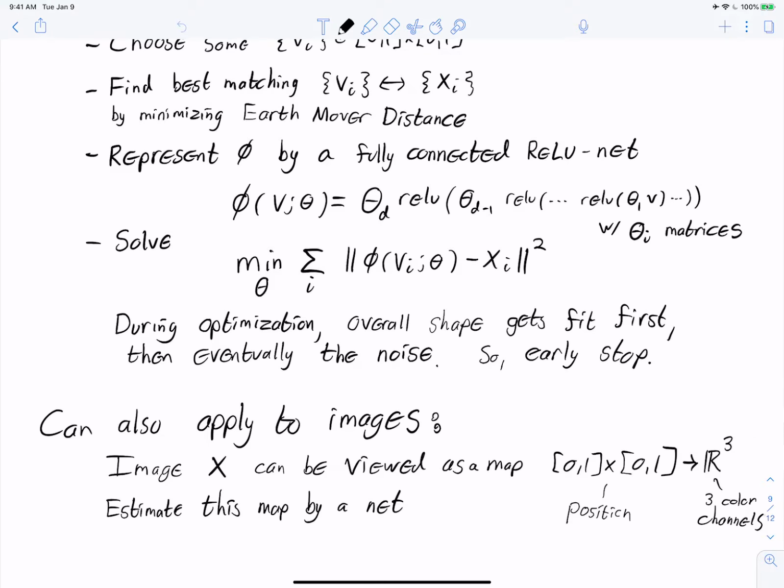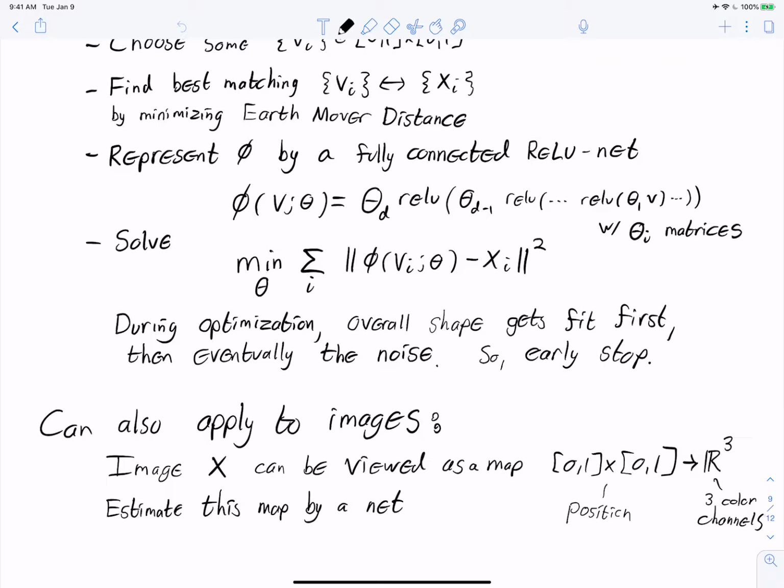Now, while that was stated in a surface reconstruction setting, we can actually apply these to images. For example, an image X can be viewed as a map from the unit square in R2 to values in R3. The input of this function is a position, which is to say which pixel in the image you are in, X and Y, and the output is in R3. Those could be the three color channels, RGB, of the image.